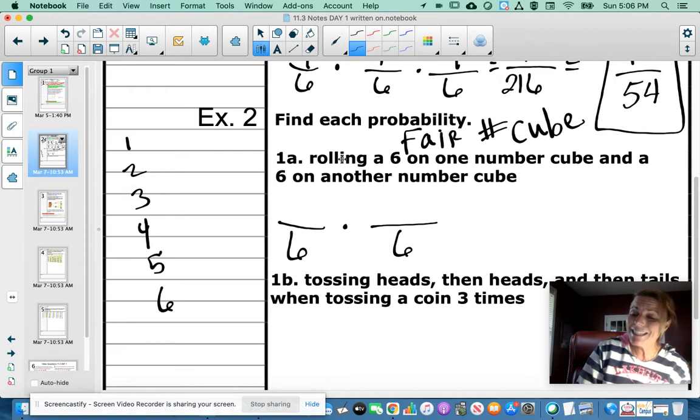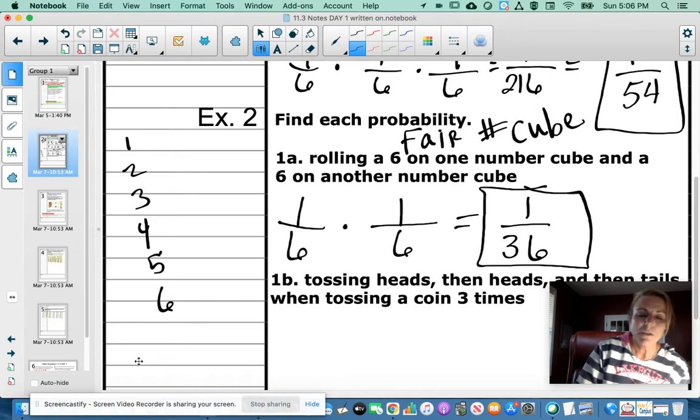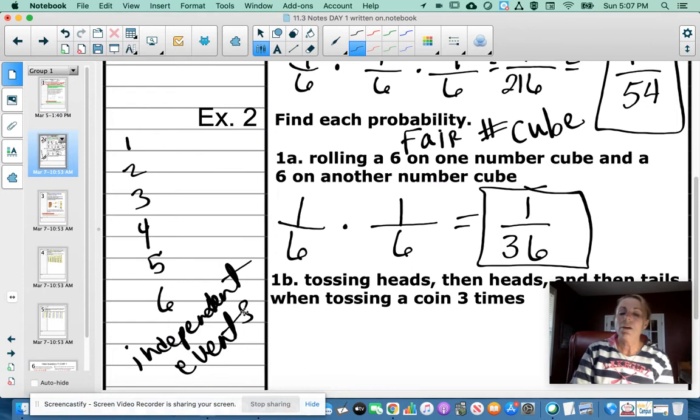How many 6s are on a fair number cube? 1. And again, 1. 1 times 1 is 1. 6 times 6 is 36. There's our answer. Again, these are independent events. The probability of the second event is not affected by the probability of the first event.